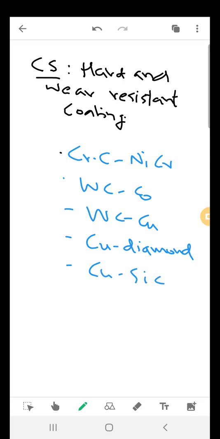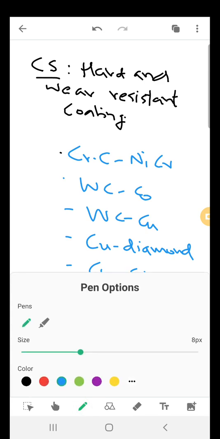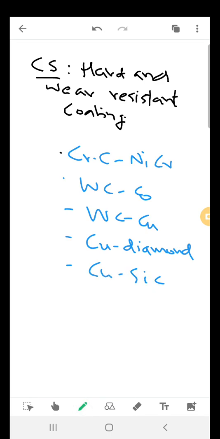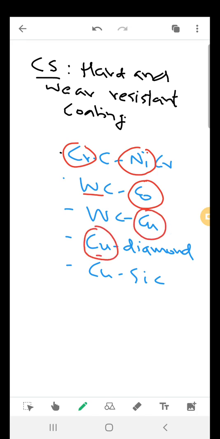You can see that it's basically a combination of a metal and a ceramic. Here nickel is the metal, chromium is the metal. In this case this is the ceramic, and this is the metal, cobalt. In this case copper is a metal, here again copper, here again copper.